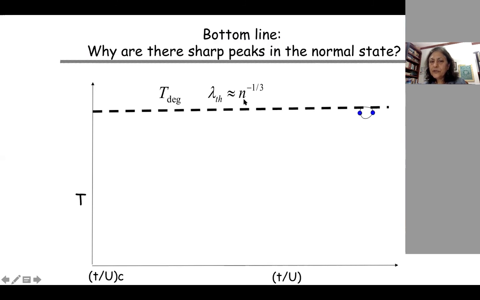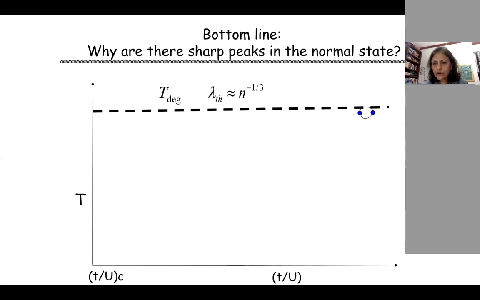When that is equal to n to the minus 1/3, these simulations were in 3D, so when that's equal to the inverse interparticle spacing, we define this degeneracy temperature like I talked about. So I'm plotting that dotted line, which is my degeneracy temperature. And I'm showing that at that point, two bosons are just about starting to exchange.